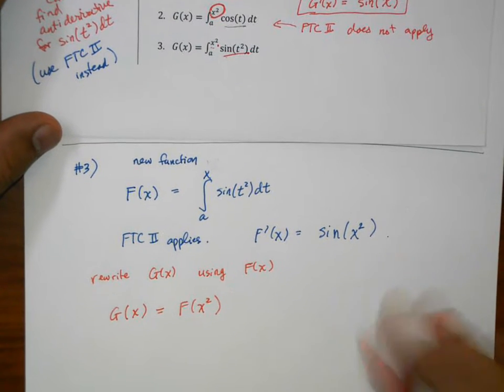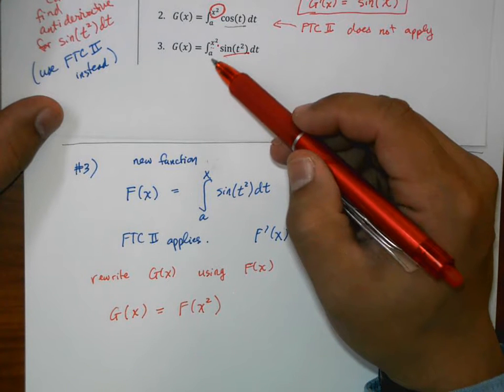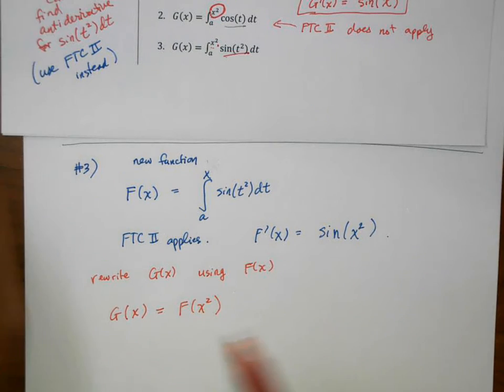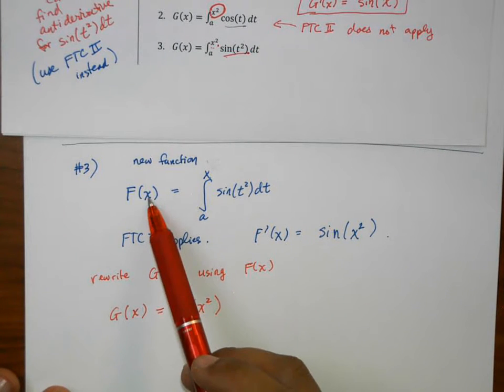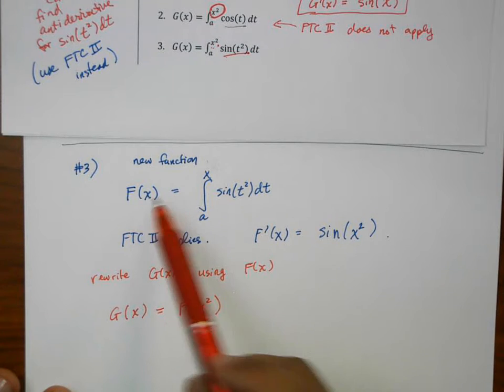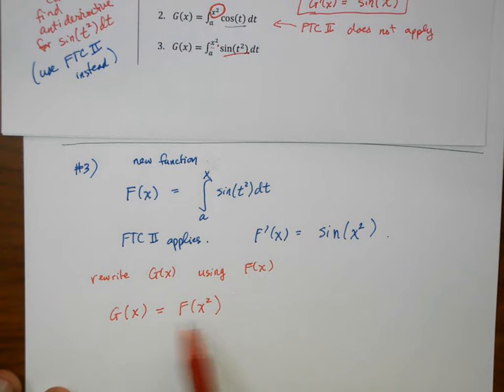G of x is the integral from a to x squared, but that's the same thing as taking x out of big F and substituting x squared into it. So G is the same thing as F of x squared.